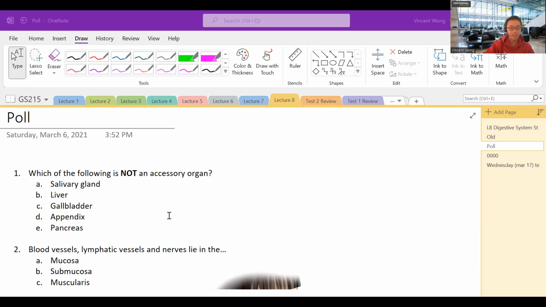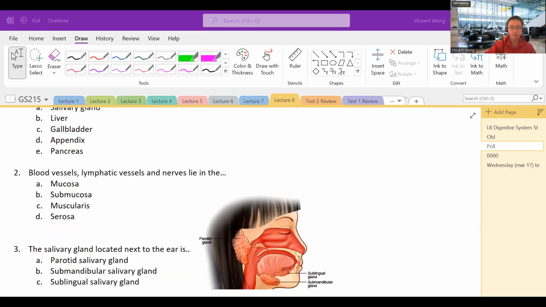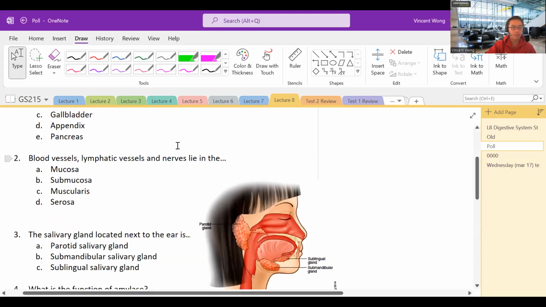The appendix is a little pouch that comes out from the cecum, and that is not an accessory organ. It doesn't really do anything. You can live without an appendix. Okay, number 2 here.